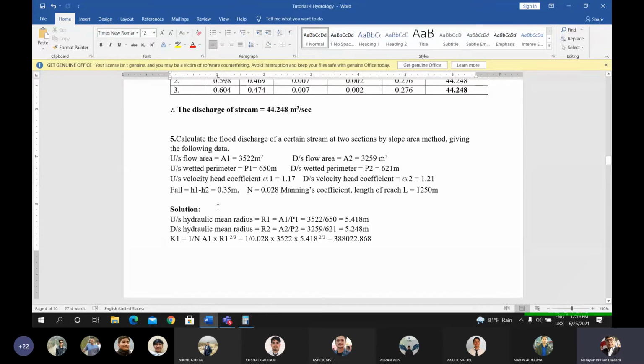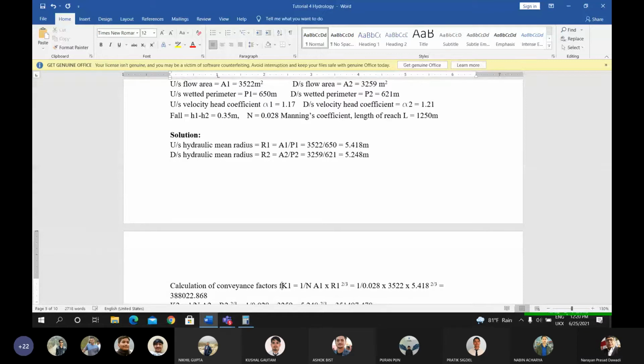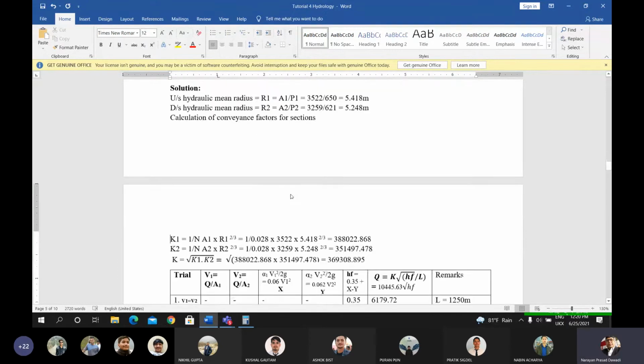The conveyance factor for section 1, K1, is 1 by n into A1 into R1 power 2 by 3.